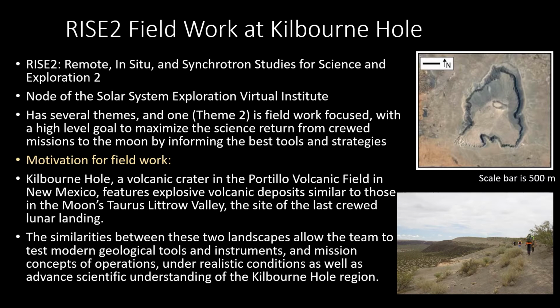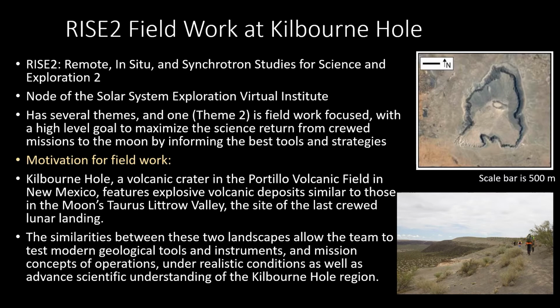The motivation for the fieldwork specifically at Kilburn Hole is that Kilburn Hole is a volcanic crater in the Potrillo Volcanic Field, and it features explosive volcanic deposits that are pretty spectacular and are similar to those in the moon's Taurus-Littrow Valley, which was the site of the last crewed lunar landing.